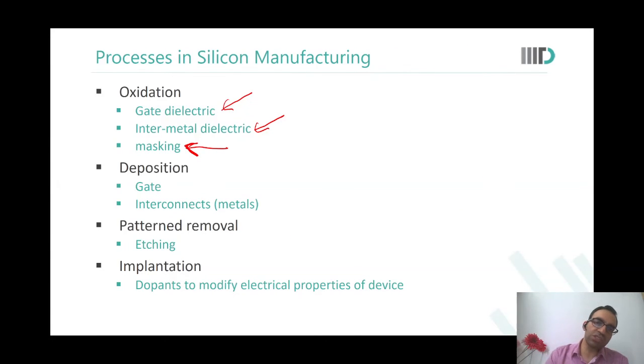So oxidation is used for different purposes. To deposit stuff, we deposited the gate in the example. We also deposited aluminum for the interconnects. Pattern removal means etching. And implantation is dopants to modify the electrical properties, doping the source and drain region.